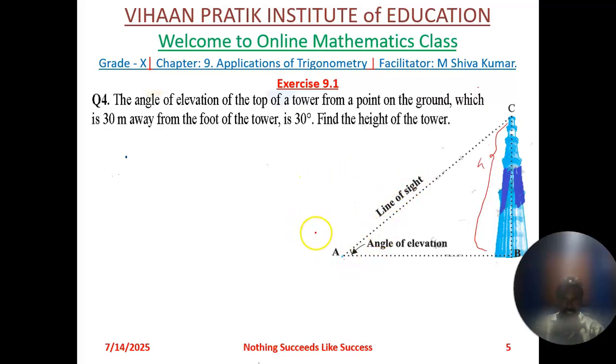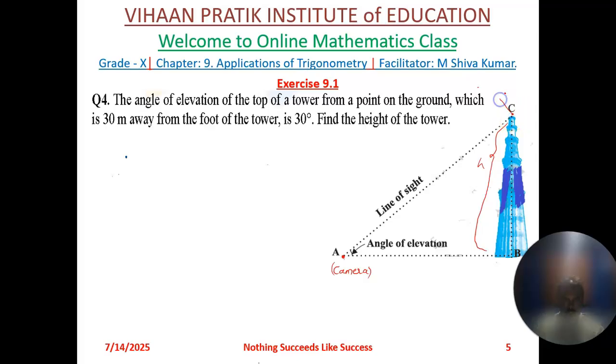Now we'll consider a real life example. Let's assume this is the point of observation on the ground and it is a camera. What is the job of this camera? The job of this camera is to click pictures of birds which sit on top of the tower.